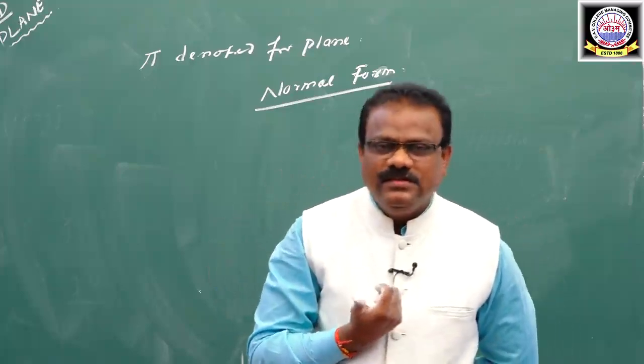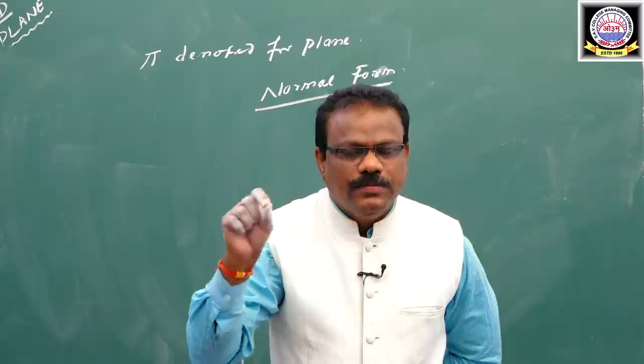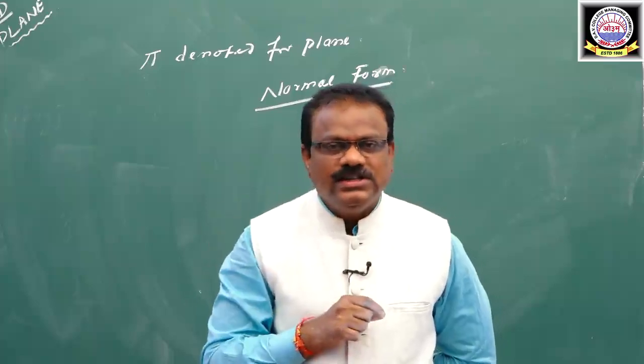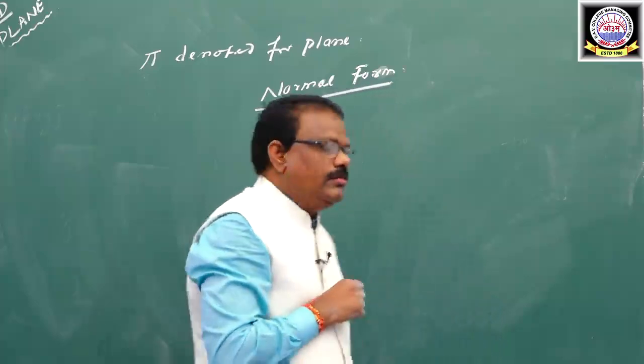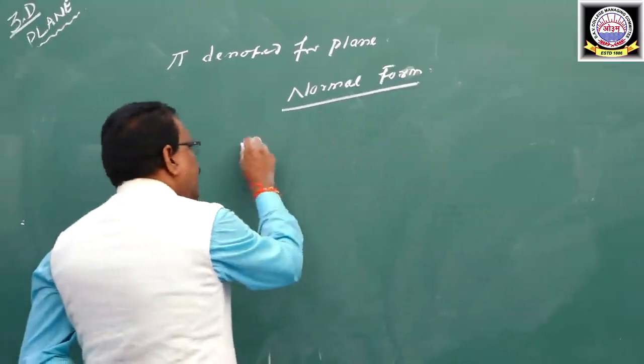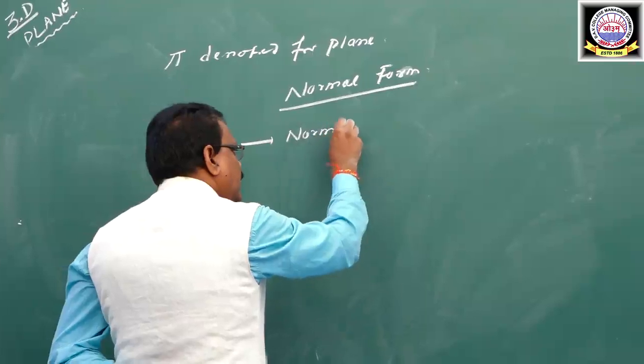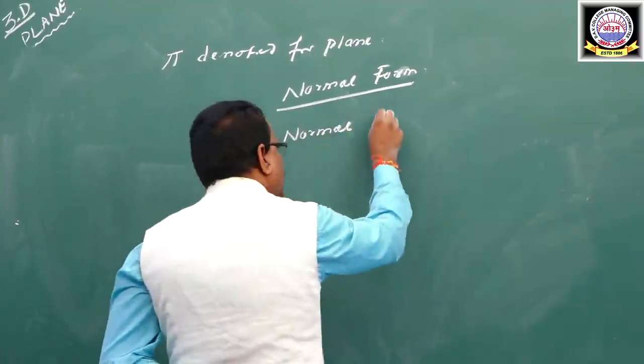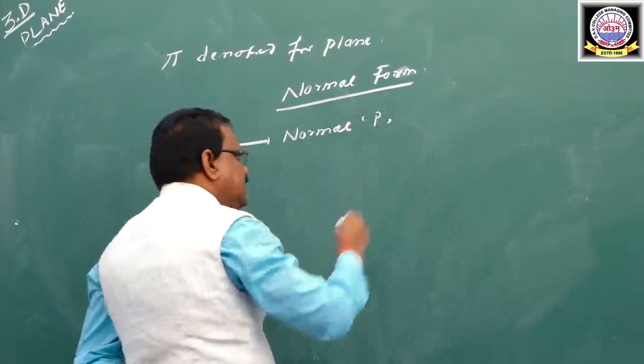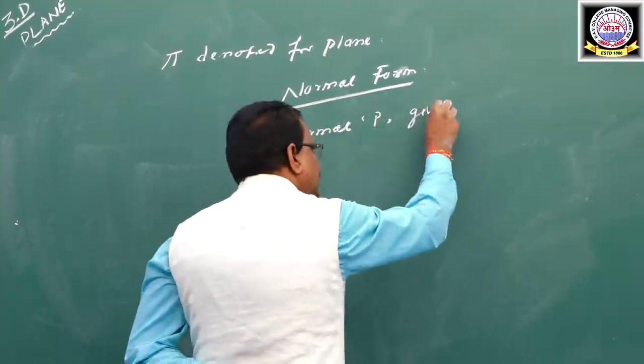So here the same thing: the distance of the plane from the origin is called the normal. In the normal form, what will be given? The normal is given. Suppose P is given.